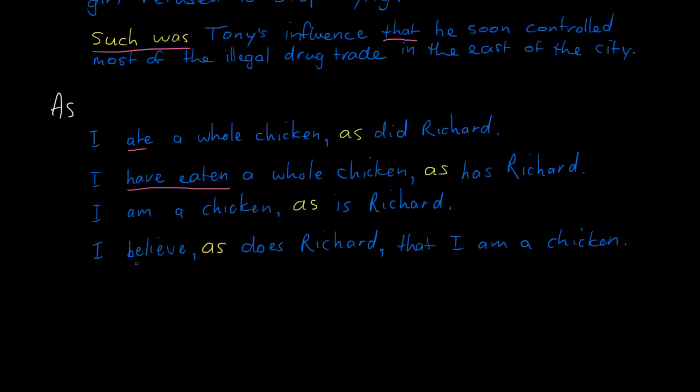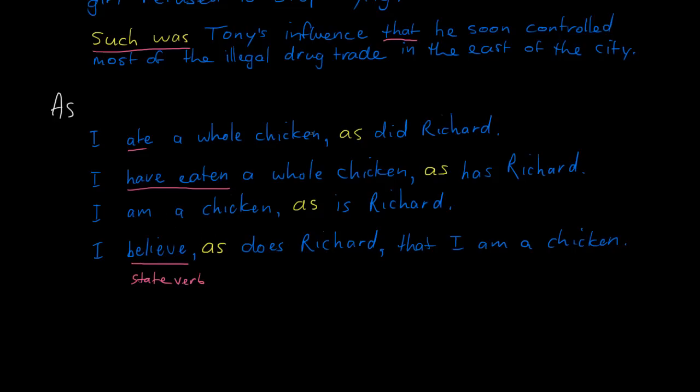This one's different. Here we have a state verb, then a comment section, as does Richard, that I am a chicken. So I believe that I am a chicken. Now, this is saying that Richard agrees with me. He agrees that I'm a chicken. It does not mean that Richard is also a chicken.